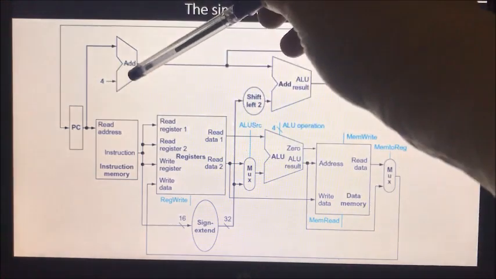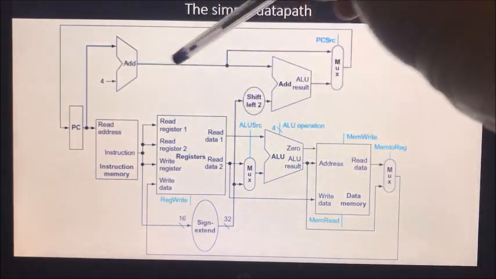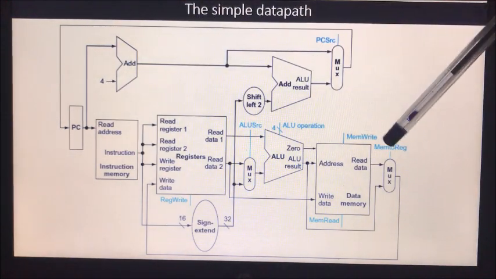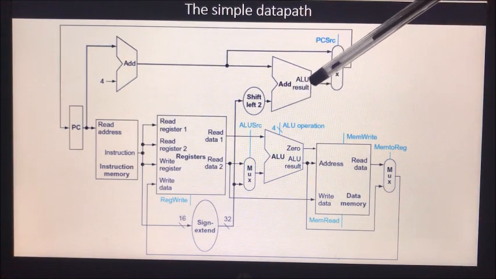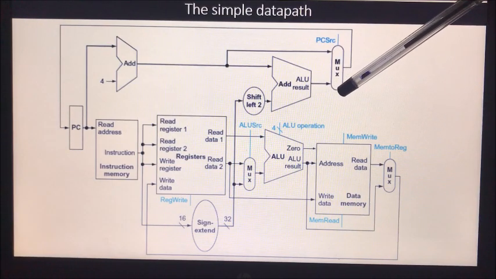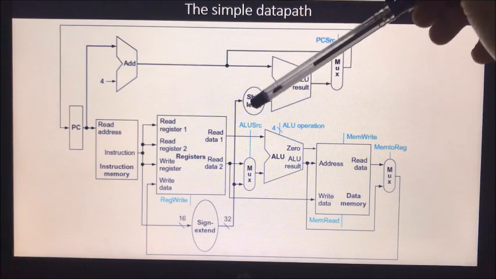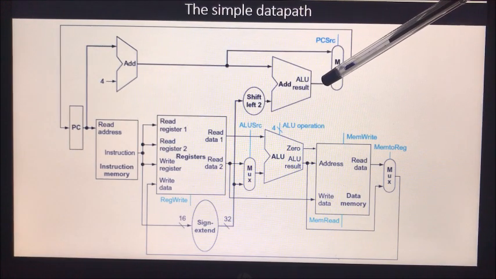Already we have incremented the PC by 4, which points to the next instruction address, and this behaves as an input to the second adder here. So the adder result is nothing but PC plus the shift left 2 operation, that is, the branch target address.